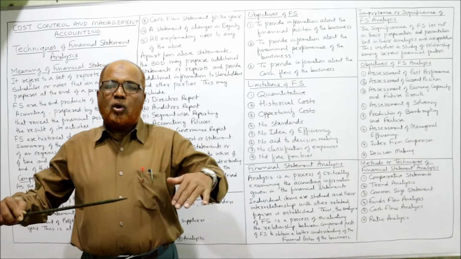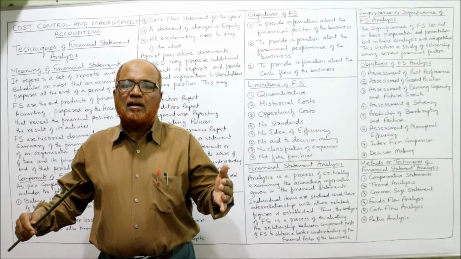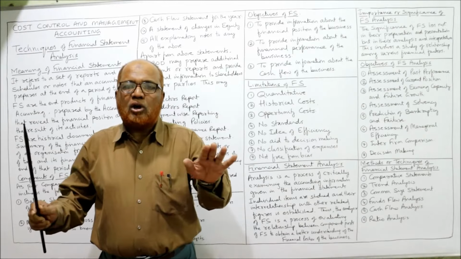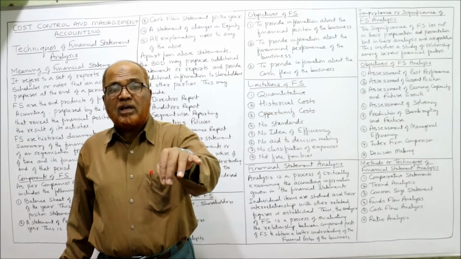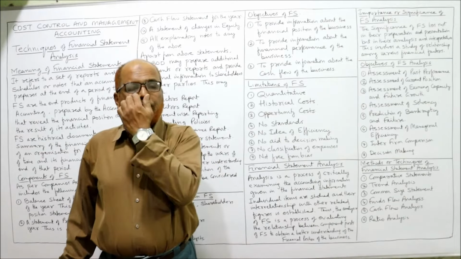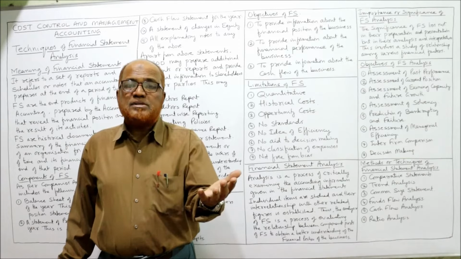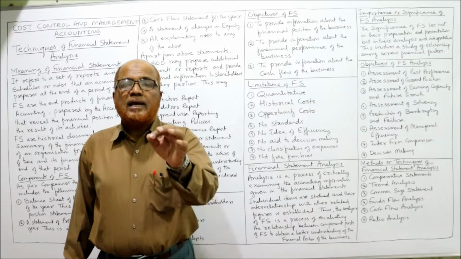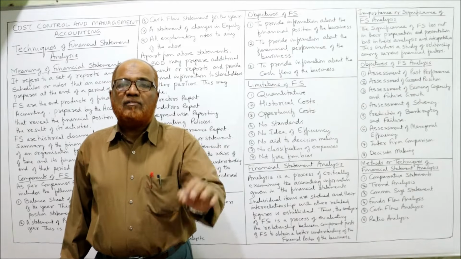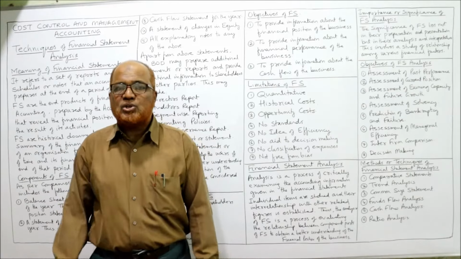That means if any non-monetary event is there, that event will not be recorded in the financial statements. But sometimes the non-monetary event is very significant for the business organization, but it will not be recorded because it is non-monetary. So only quantitative data will find place in financial statements.